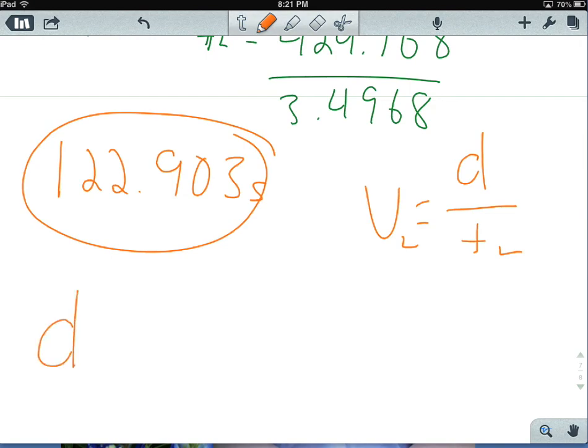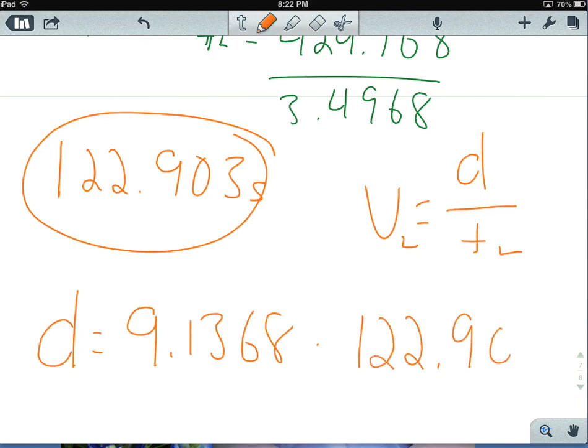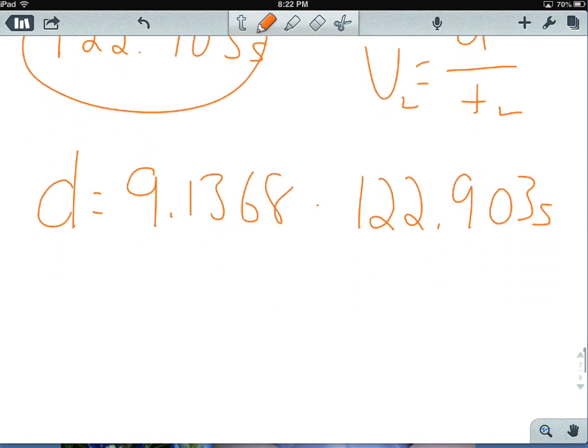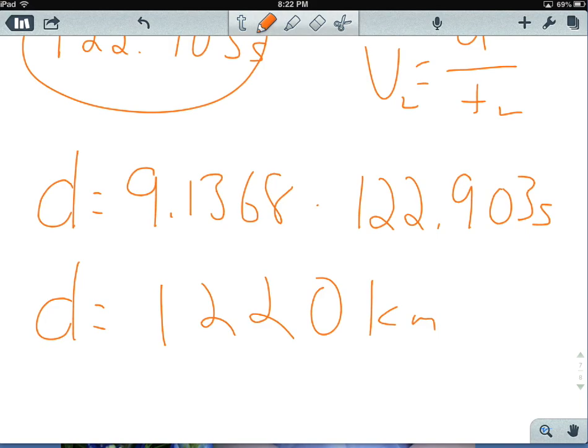So distance equals my velocity of the longitudinal, 9.1368, times my 122.903 seconds, and I get a distance of right around 220 kilometers, something right around there.